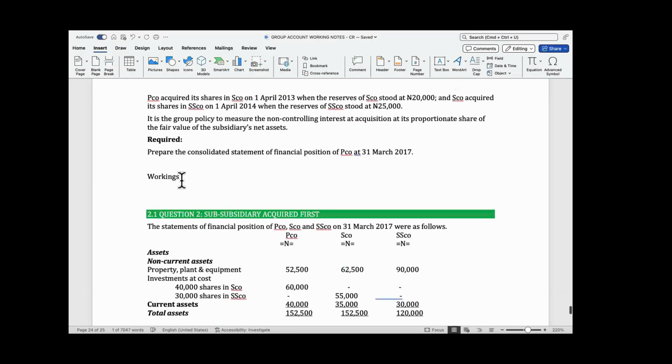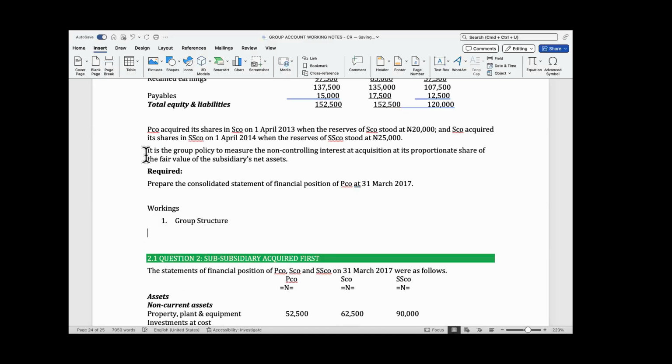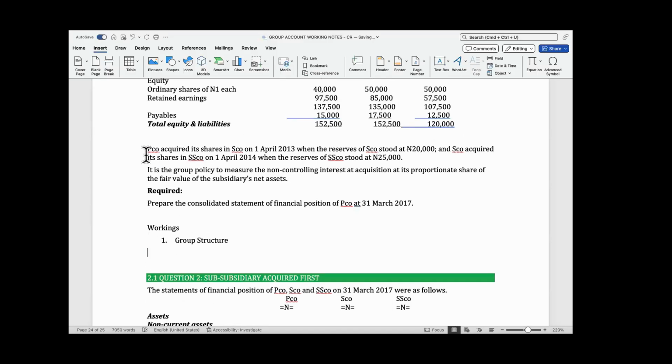So the first thing we need to do is to establish the group structure first. Let me make it very clear. Here is important, the group structure is established. And here now, we have PICO. I'm told that PICO acquired its interest in ESCO.